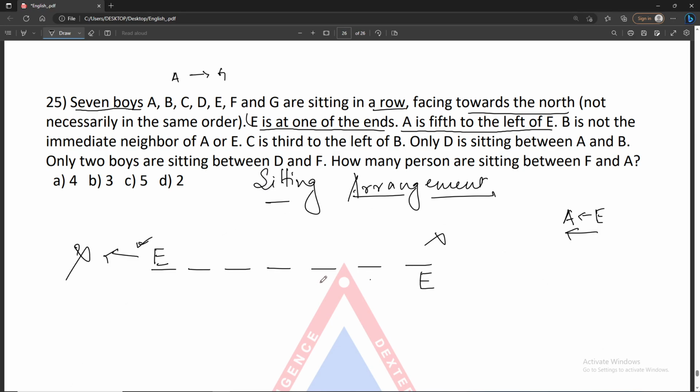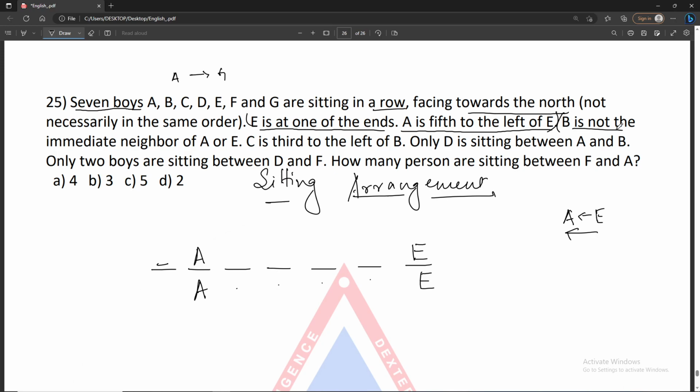First, second, third, fourth, fifth. So A should be here. So we can take this possibility. We can also write for future if required, E here, A here.